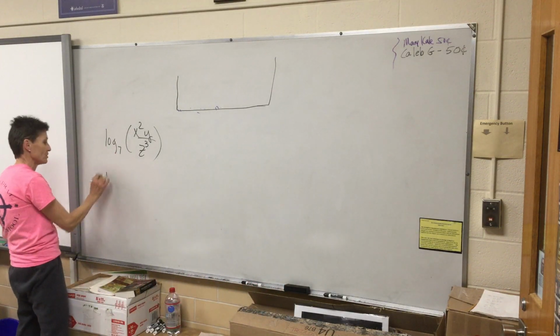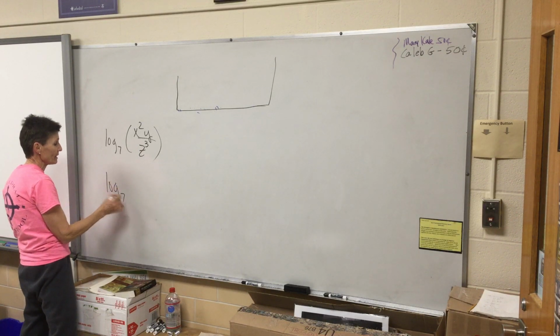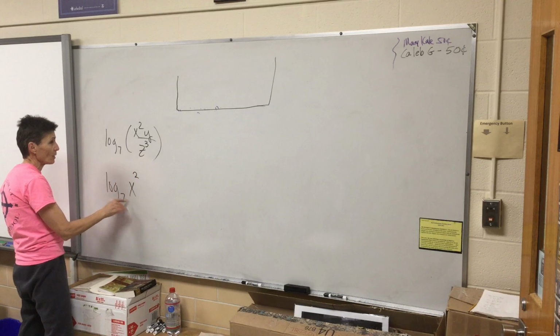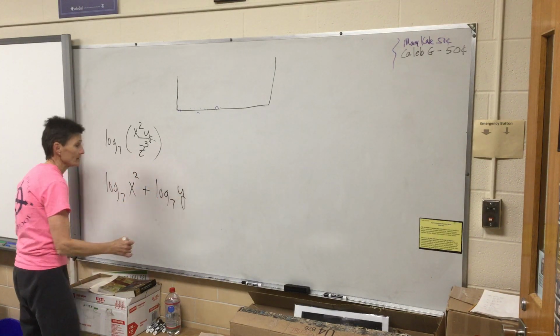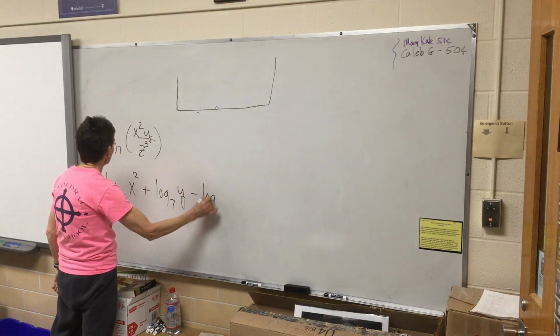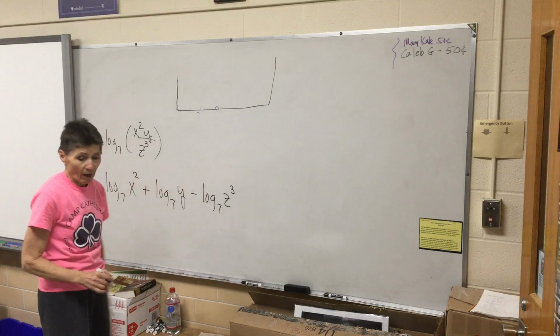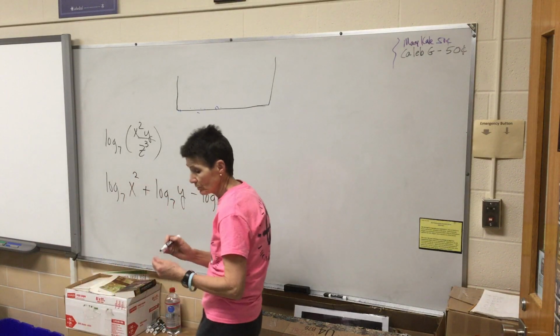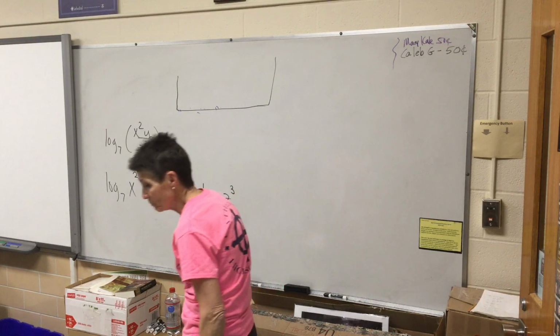And if you want to, you can go ahead and have your log of x squared plus your log of y, and then minus your log of z cubed. Now, I did all that in one step, which you're certainly allowed to, but you could also split it up and do it in 2 steps if you preferred.